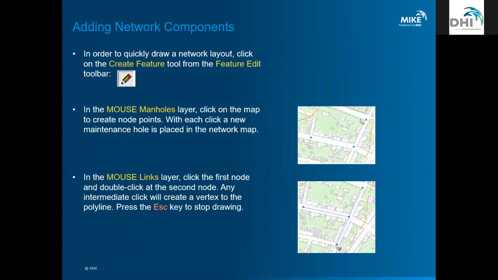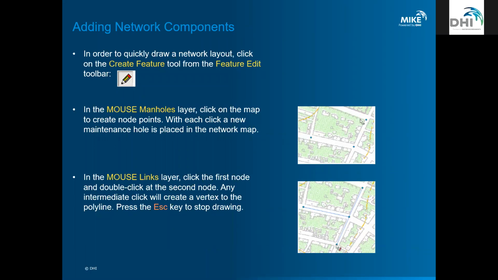Okay, so if you had a blank slate and you didn't just import the data already from GIS or another source, the first thing that you have to do is click on this pencil on the toolbar, and it's called the Create feature. Once you activate this button, there's a drop-down menu that selects which part of the network you're working on.